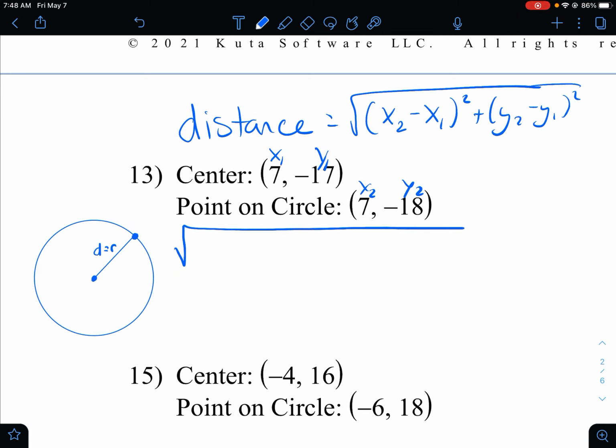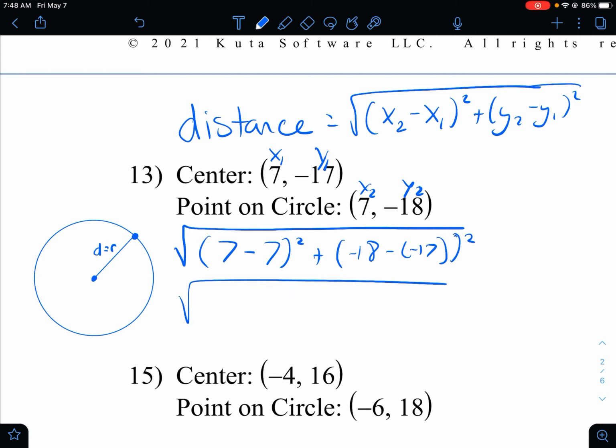So we've got the square root of (7 minus 7) squared plus (negative 18 minus negative 17) squared, and we have to take the square root of that. So we end up with 0 plus (negative 1) squared, which is just going to give us 1.